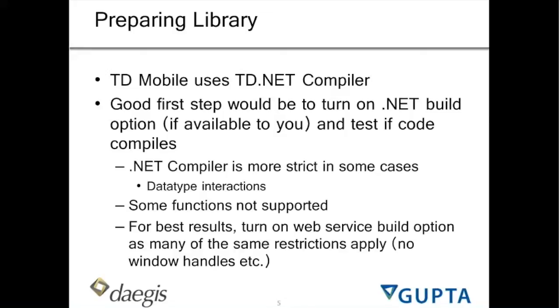So probably a good first step, if you have a license, is to turn on the .NET build setting on your APL and make sure that it compiles fine there, because our .NET compiler is a little more strict than Win32. .NET is strongly typed, so you can't do some of the more loose data type interactions that you might be able to do in Win32.